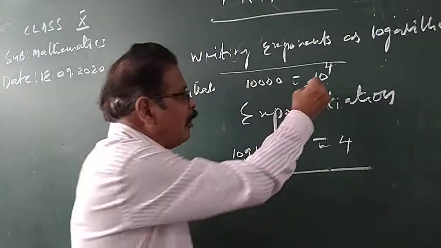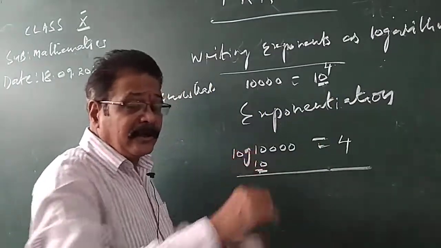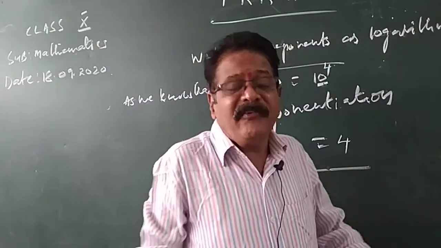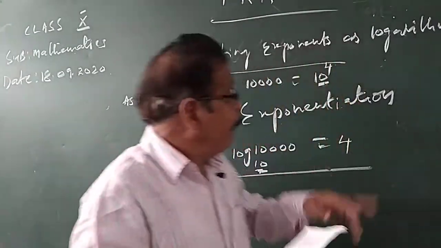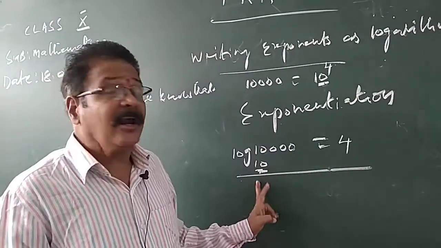In the exponential form, the base is 10. In the logarithmic form, the base is also 10. In both forms, the base does not change. The base of the exponential form becomes the base of the logarithmic form.